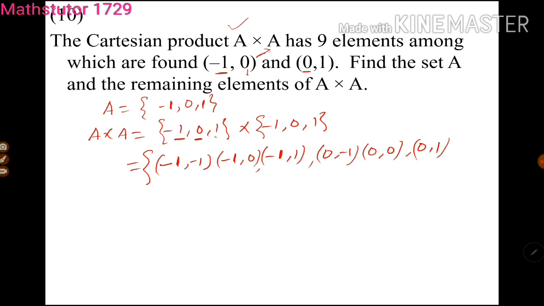Now fix the element 1 and make the ordered pairs: (1, -1), (1, 0), (1, 1). So how many elements are in A cross A? 1, 2, 3, 4, 5, 6, 7, 8, 9. So A cross A has 9 elements, which also verifies.